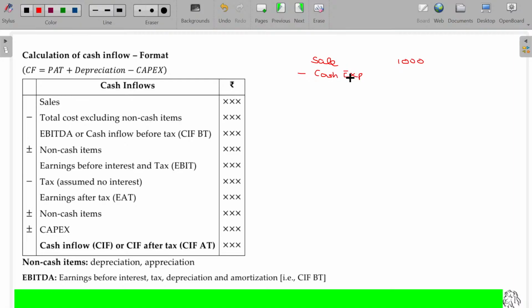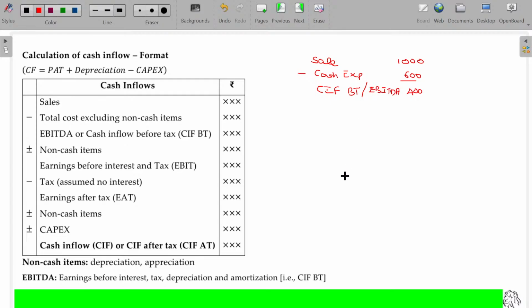Cash expenses do not include non-cash items like depreciation and amortization. We spend around 600 rupees. After subtracting the cash expenses from the sales, the value you get here is called cash inflow before tax. Otherwise, this will be named as EBITDA.